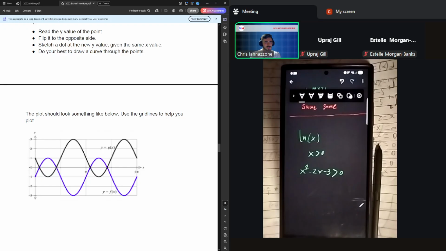This one didn't end up mattering too much because they had the same period and the vertical translation was already handled earlier. So that's pretty much it there.